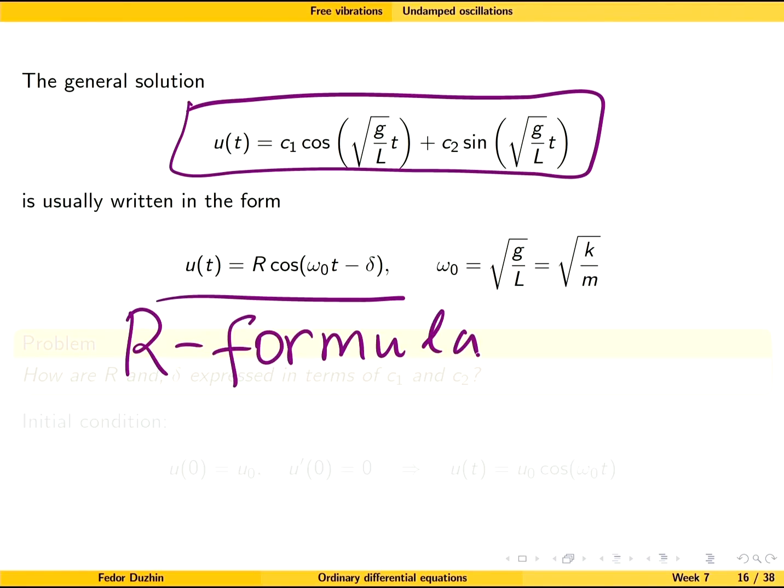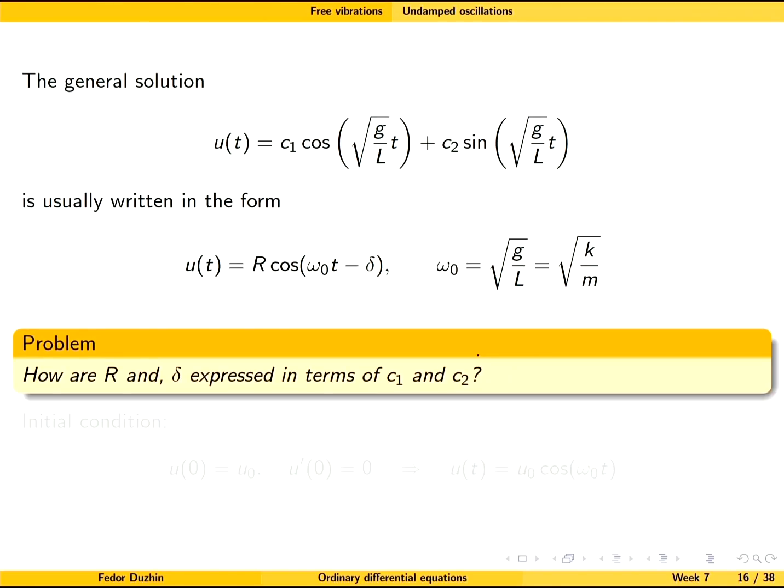If you don't remember how to convert from one to another, then I suggest that you either try to do it now to solve this problem, or you can just Google R formula and you will see. This is material from secondary school, very simple trigonometry. The reason the R formula is convenient is because it is naturally related to the initial conditions.